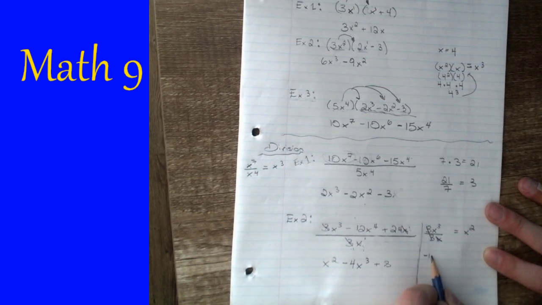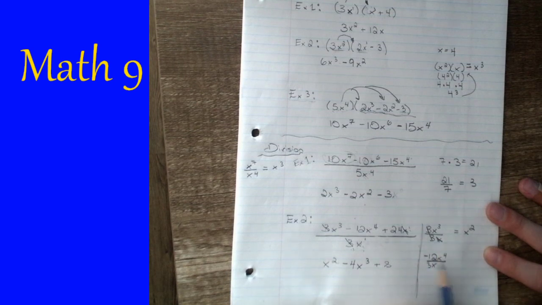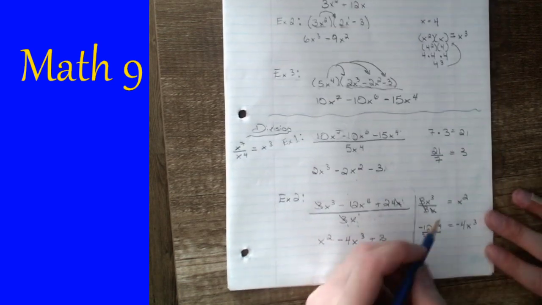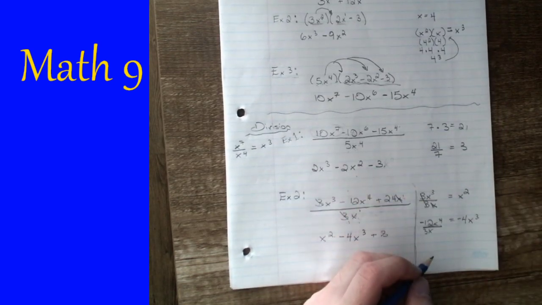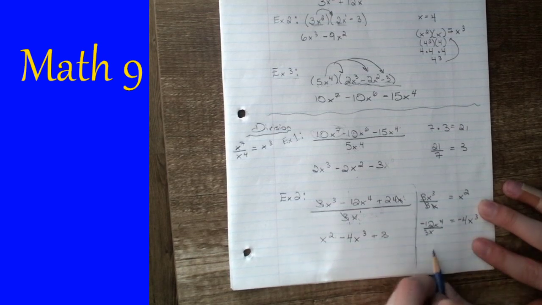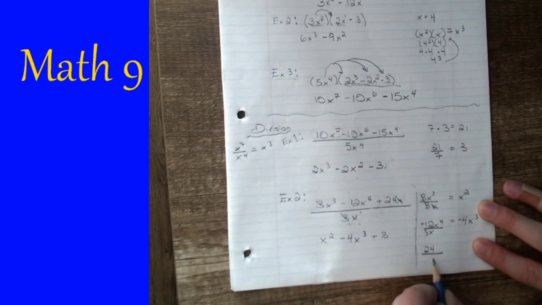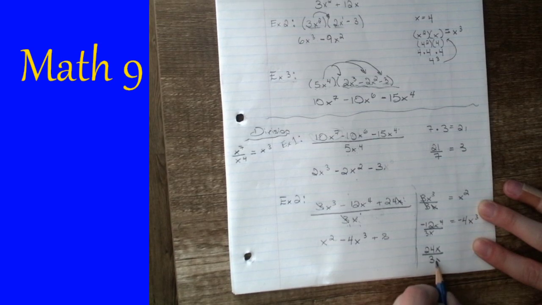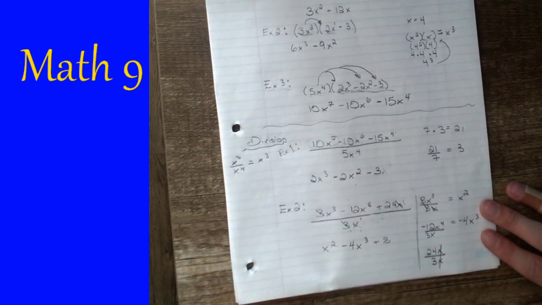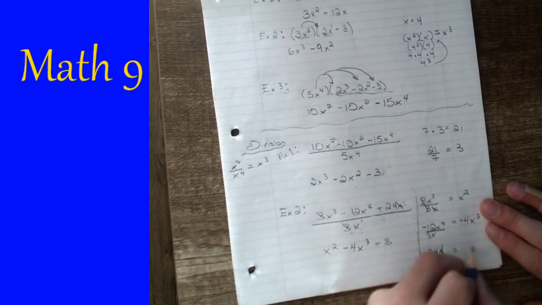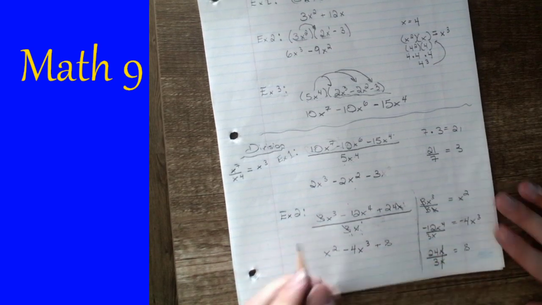And then they'll do negative 12x to the power of 4 divided by 3x, and they'll say, okay, negative 4, and then x to the power of 4 divided by x would be x cubed. Just getting the same thing here. It's just another way that I've seen people account for what they need to do. And then finally, 24x divided by 3x, and so the x's cancel out, and you're left with 8.